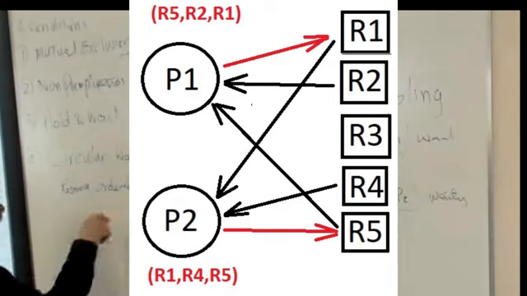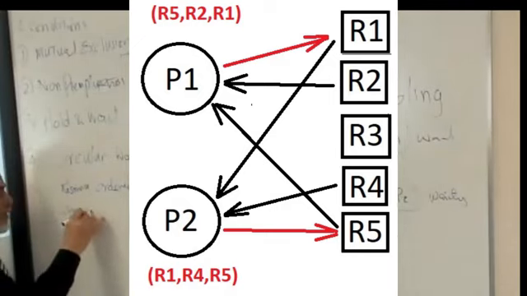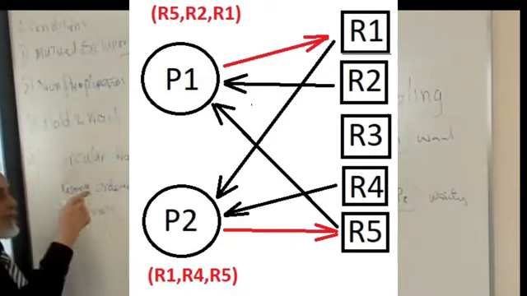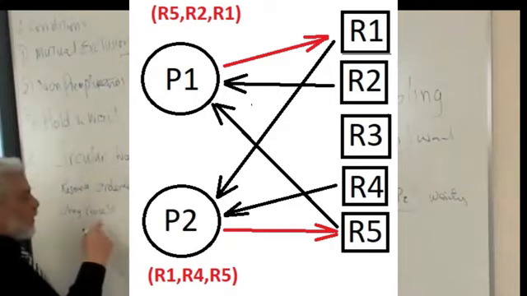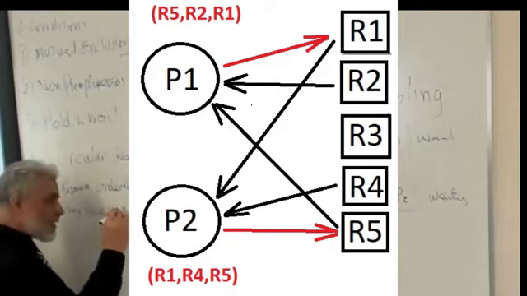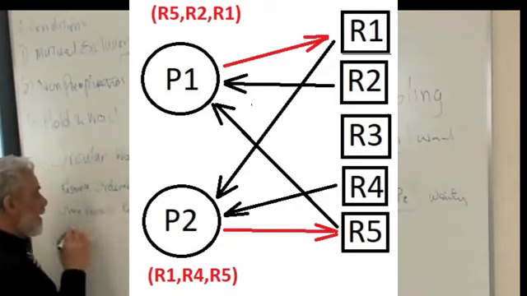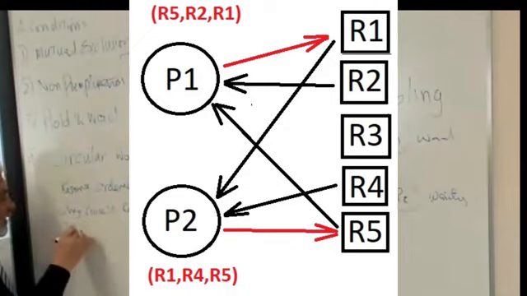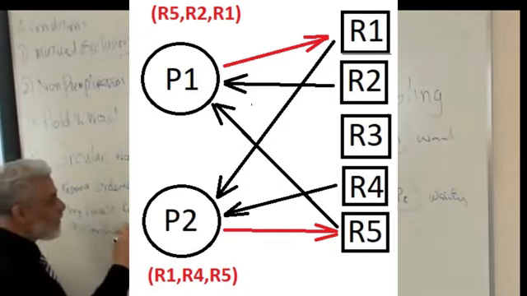Now, any process must take the resources on the priority based on the list. Any process must request its resources according to list order.